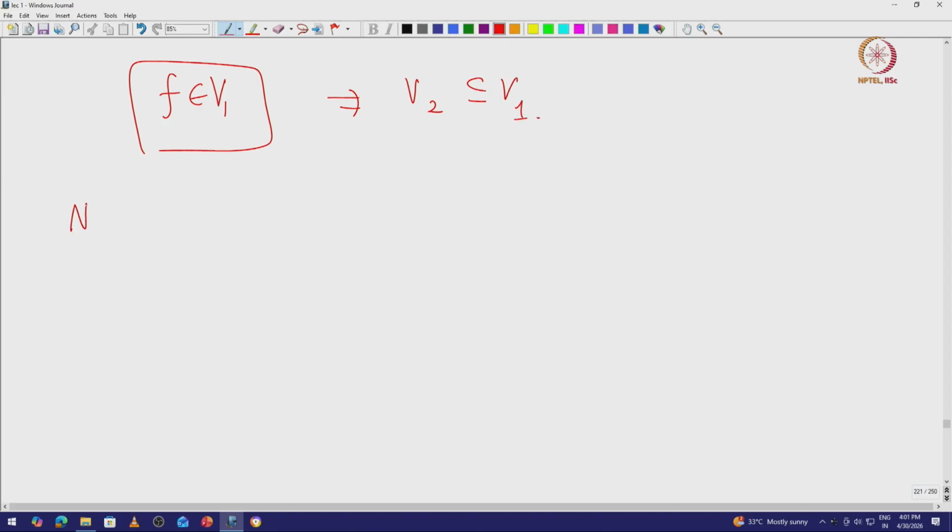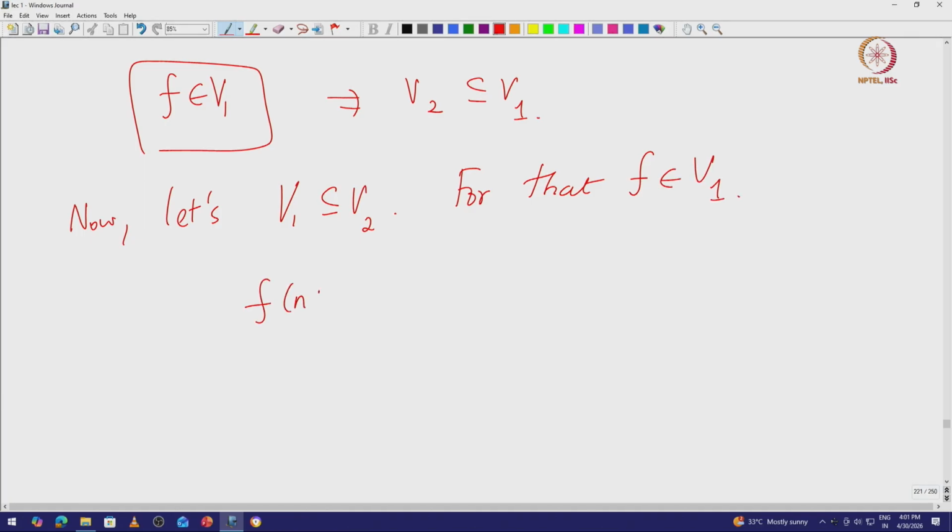Now let us prove that V1 is contained in V2. For that, let us start with f coming from V1. That means we have this recurrence: f of n plus d plus C1 f of n plus d minus 1 plus etcetera plus Cd f of n is indeed 0 for all n greater than or equal to 0.